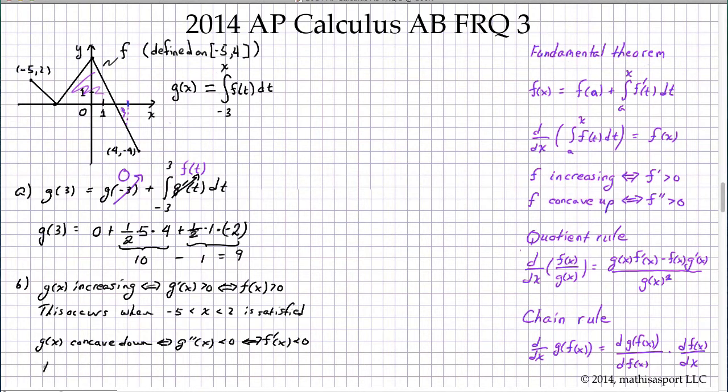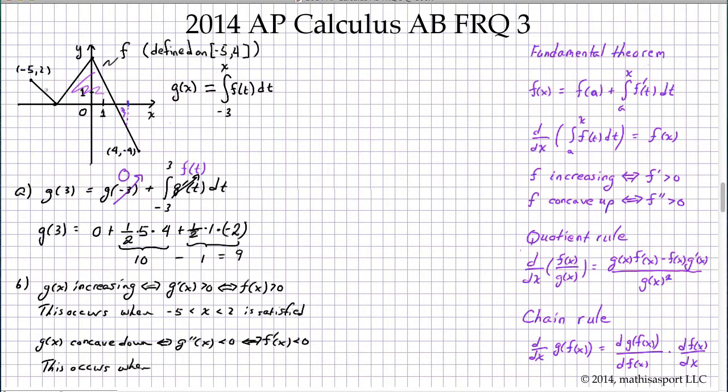Now, where does that occur? This occurs when, let's see, what do we want? We want the derivative of f to be negative. And the derivative corresponds here to the various slopes of these line segments.